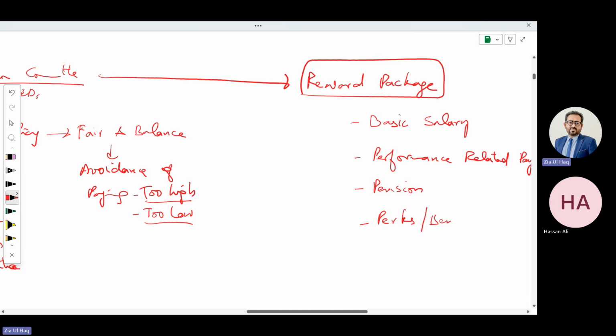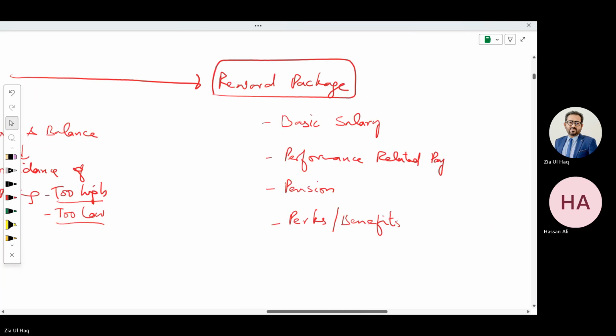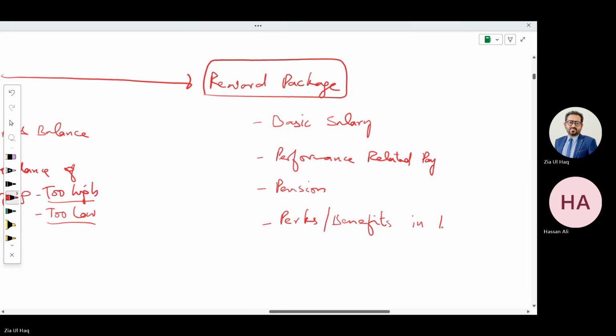Perks mean benefit in kind, other benefits. There are four components of directors' reward package, and while defining remuneration policy, they need to consider all the components of the reward package. There should be a mixture of all the components.